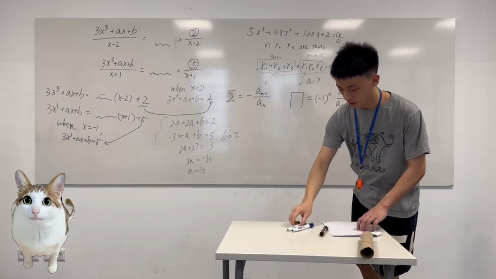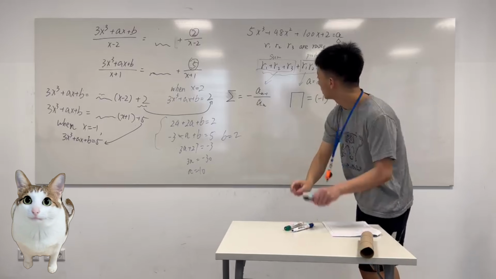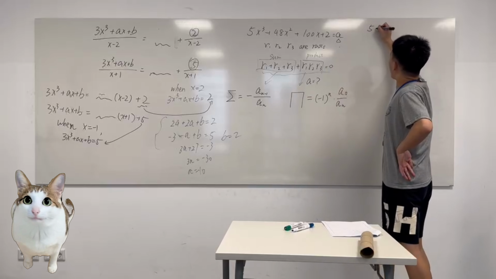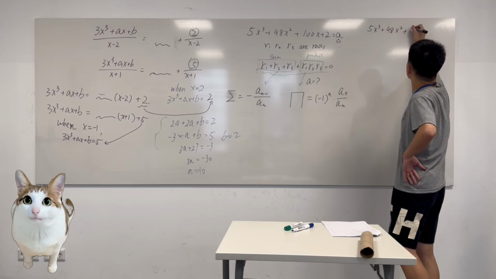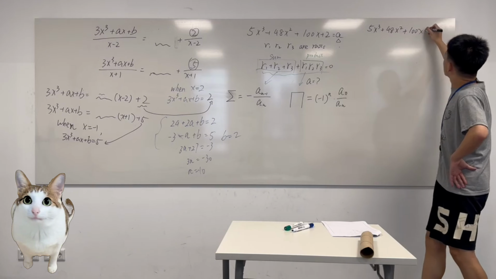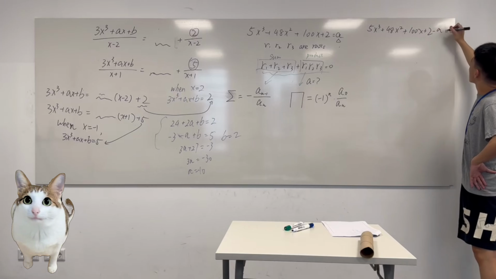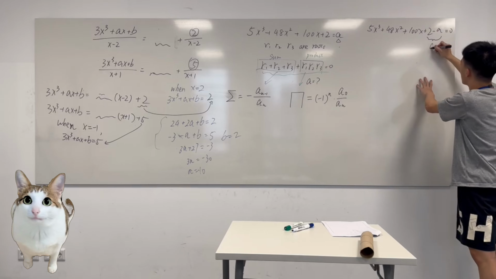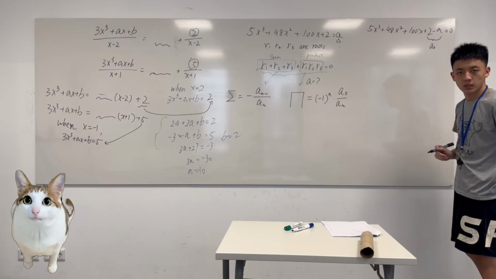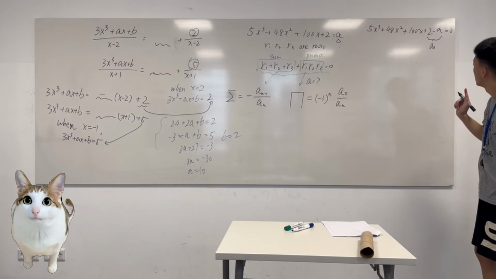So the new equation will be 5x cubed plus 48x squared plus 100x plus 2 minus a equal to 0, and 2 minus a, the whole thing, is a0 in this case. Really be careful about it.